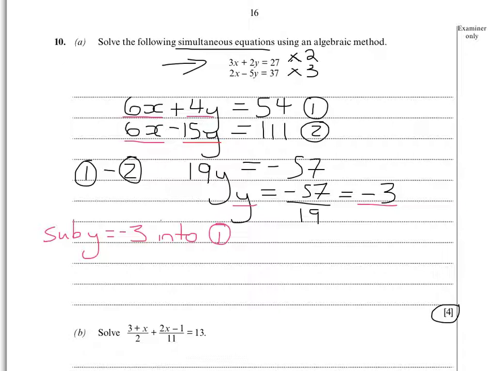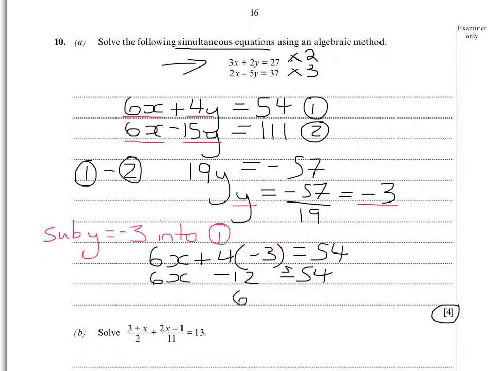So I've got 6x plus 4 lots of minus 3 equals 54. So 6x minus 12 is 54. And so 6x equals, adding the 12 on to the right hand side, gives me 66.